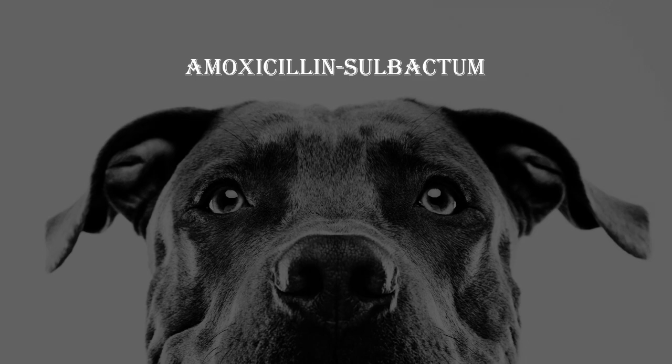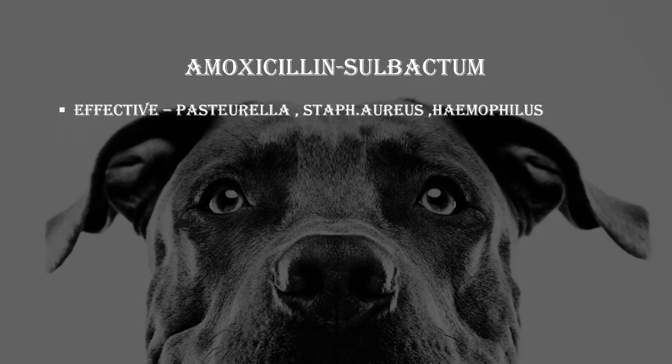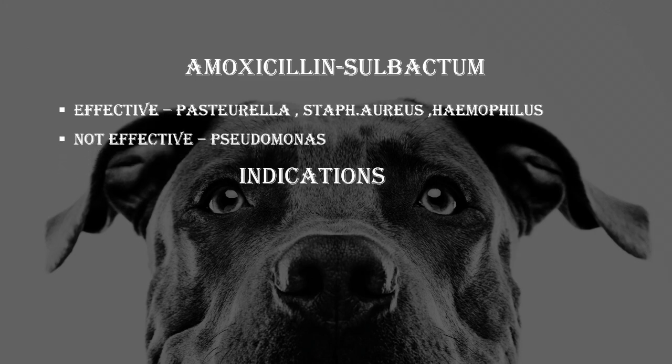Now, let's look at another combination, amoxicillin sulbactam. It is also one of the agents which destroys the beta lactamases produced by the bacteria, and it is effective against Pasteurella, Staphylococcus aureus, Haemophilus, etc. It is not effective against Pseudomonas.